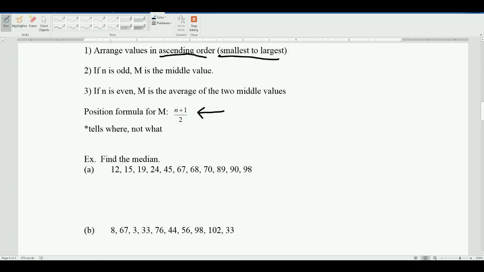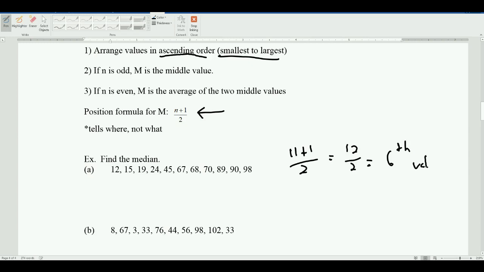These numbers are already in order, which is always good. So we have 1, 2, 3, 4, 5, 6, 7, 8, 9, 10, 11. So if we can find the middle number, that means we'll be good to go. I like to use this position formula. So if I do 11 plus 1 divided by 2, that gives us 12 divided by 2, which is 6. There's no number 6. Even if there were, that still won't be the median.